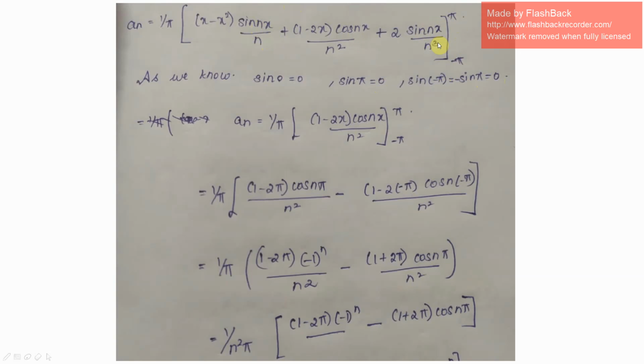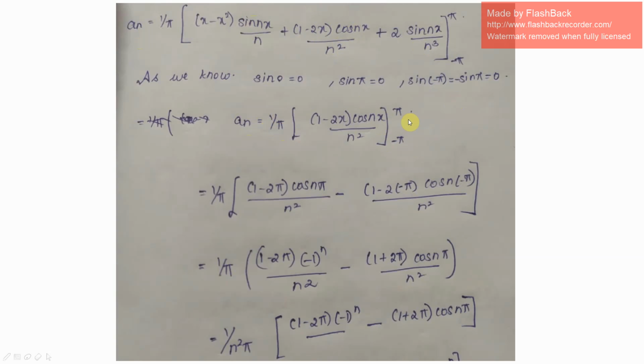So what I do is, in order to avoid the confusion, I'm just going to eliminate these sine terms and I'm just going to write the cos terms. Okay, that is, I'm going to rewrite this equation as an is equal to 1 by pi into 1 minus 2x cos nx by n squared, and the limit from minus pi to pi.